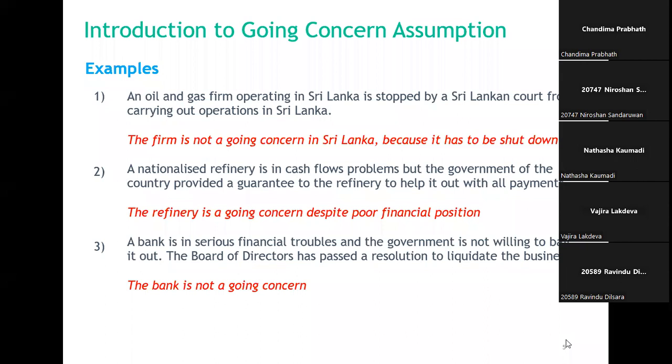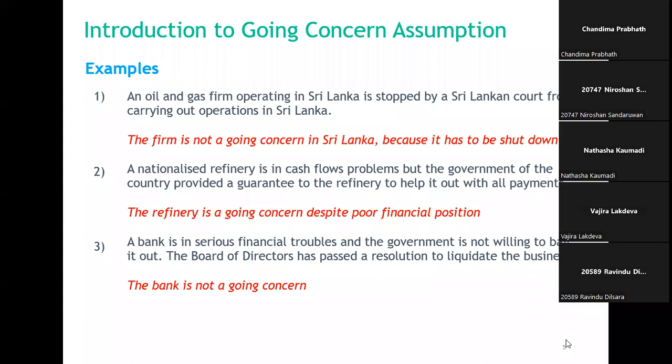So the conclusion is the refinery is a going concern despite poor financial position. Or in other words, despite having events or conditions that may cause significant doubt on the entity's ability to continue as a going concern.